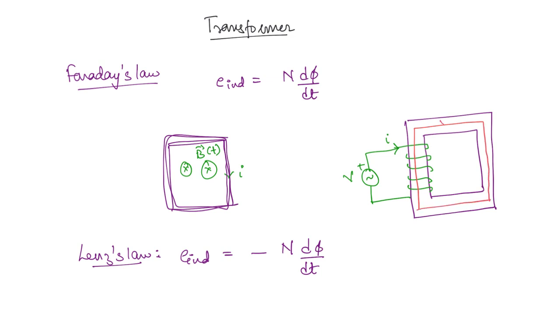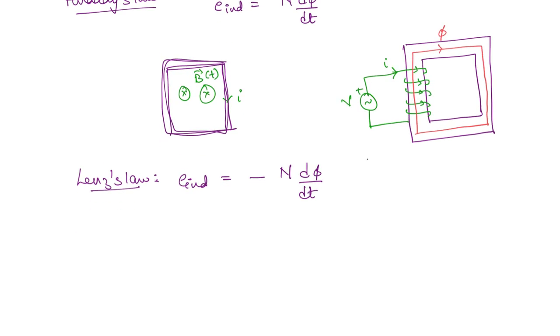Now when the current is flowing in this direction, that means in the positive half cycle, what will be the direction of the flux? The direction of flux is going to be in the clockwise direction. We already discussed how to get this direction: you have to use the right hand rule. Curl your fingers in the direction of the current here, and the direction of your thumb will give you the direction of flux. So this is flux. Now we will consider different portions of the alternating current.